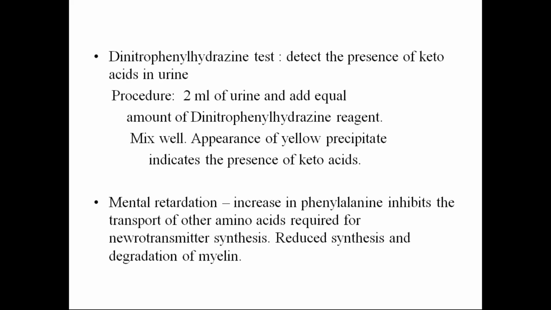So there will be a decrease in the level of dopamine and serotonin in phenylketonuria. All these things lead to mental retardation, and the synthesis of myelin is also reduced in phenylketonuria. So mental retardation can be seen in case of phenylketonuria.